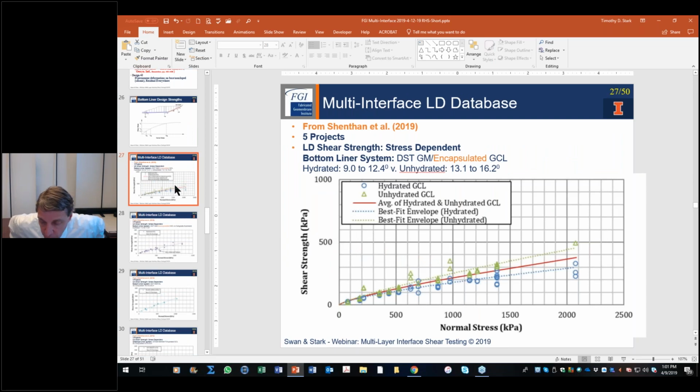Yes, there is some extrusion of bentonite through, say, a woven or even a non-woven, depending on the thickness of the non-woven, that reduces the strength, as well as the bentonite lubricating the reinforced fibers and allowing the GCL to shear internally easier. And that's some of the differences between the green line, which is unhydrated, and the blue line, which is hydrated. Understood. Great explanation.